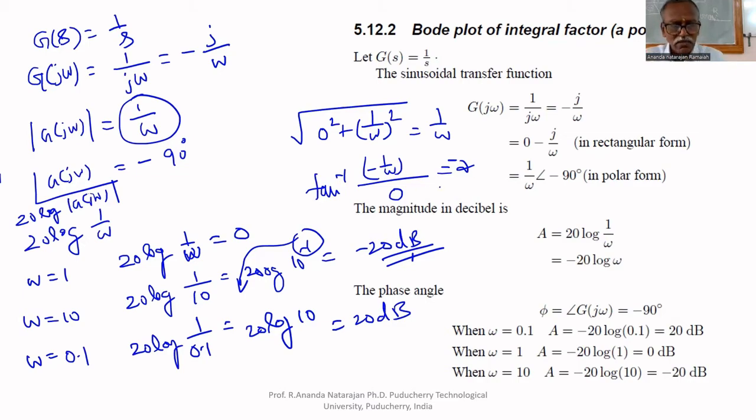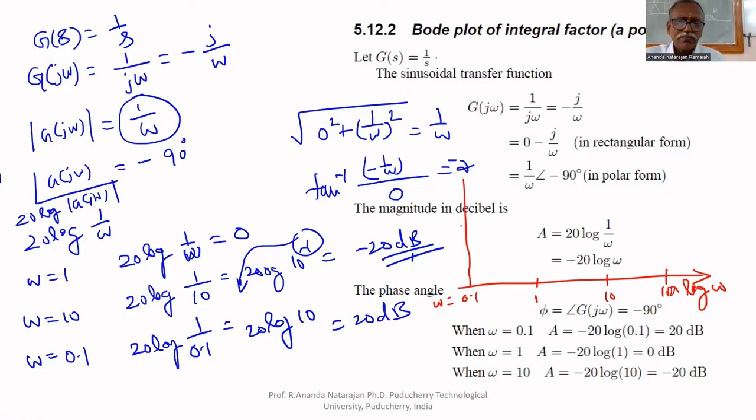So what is the plot? The plot is like this. This is log omega. How will we mark it? Omega equals 0.1, 1, 10, 100, like that we will mark. So when omega equals 1, what is its value? 0 dB. This is 0 dB.